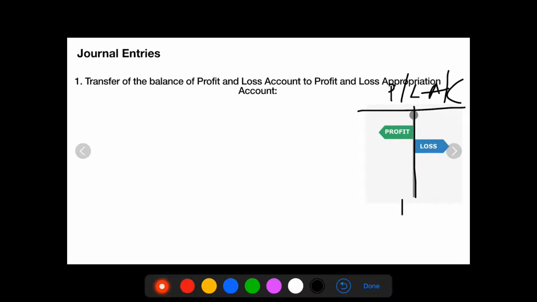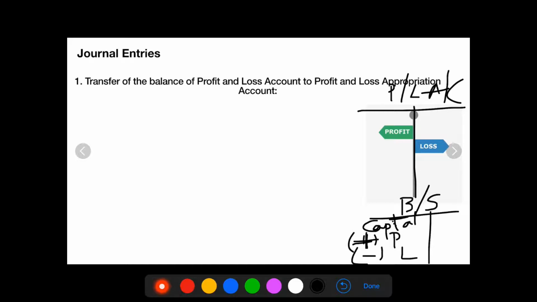And the same profit or loss is shown in the balance sheet under the heading called capital. Here profits are either added or the losses are deducted.